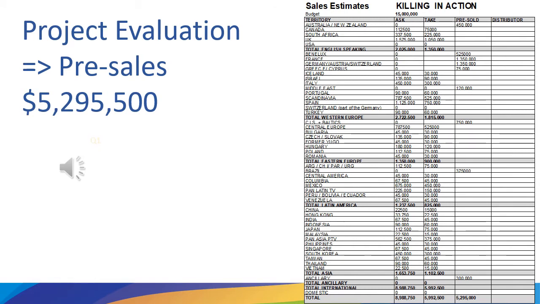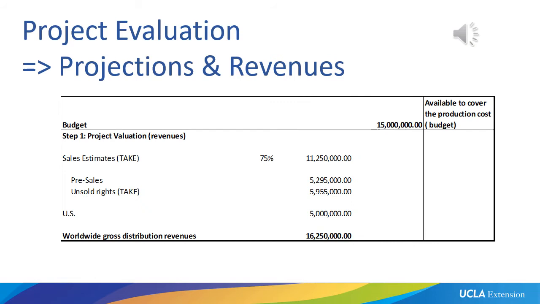In our case, we're assuming that the pre-sales happened in the take level pricing. So total pre-sales we have achieved is $5,295,500.